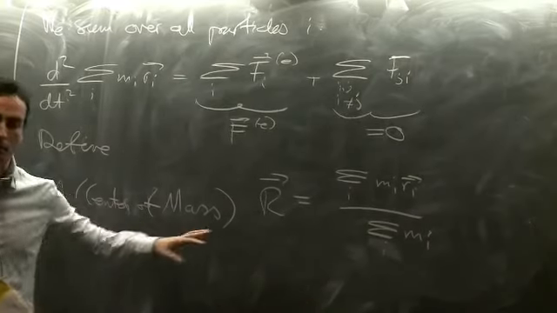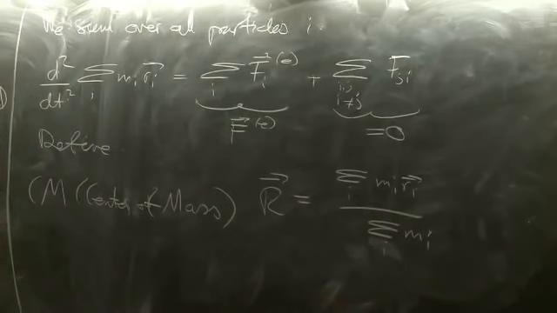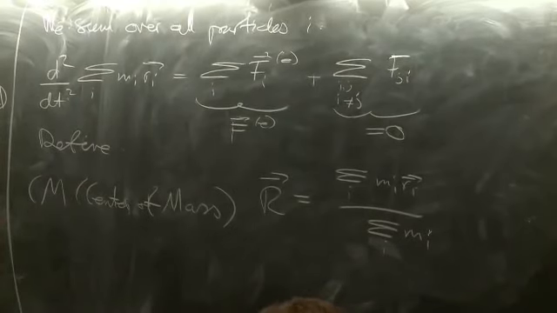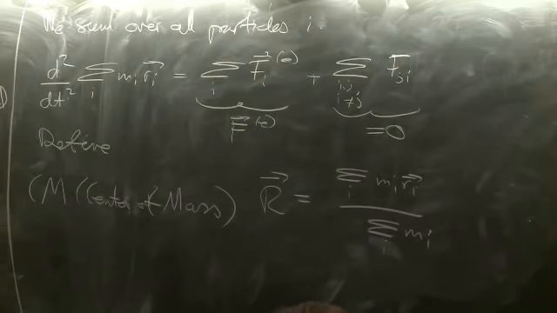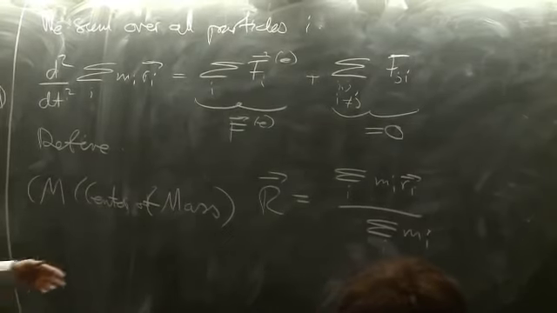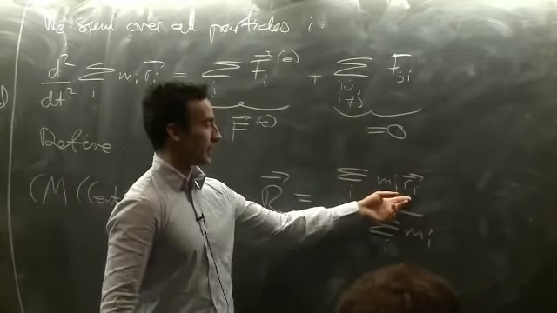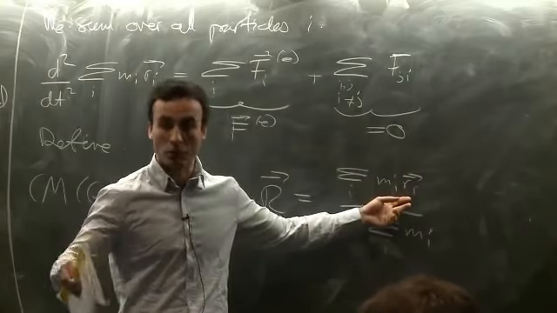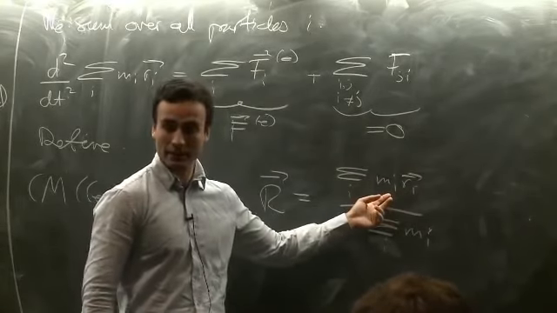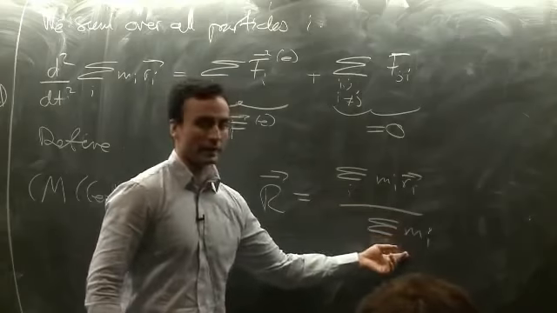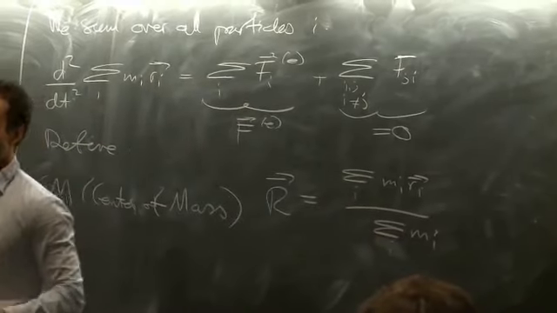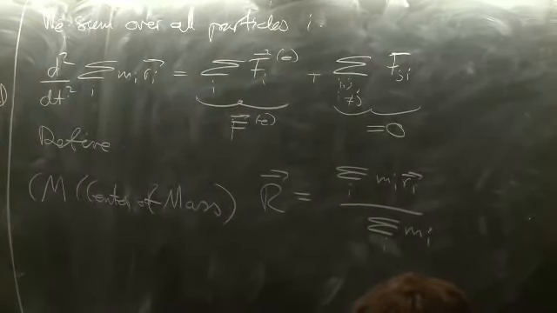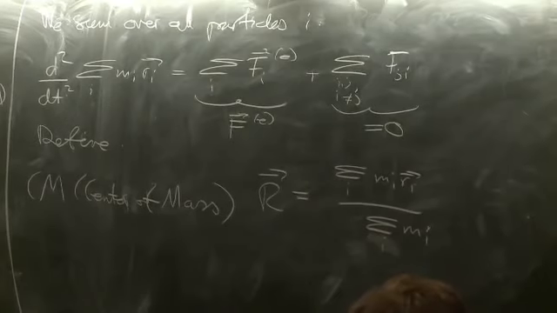So this center of mass coordinate gives a weighted estimate of where the middle of the object is from a mass point of view. So you see here that you weight the coordinate of each particle with its mass, and then you divide by the total mass. So what you end up with should be the position in the object where you have the most concentration of mass.